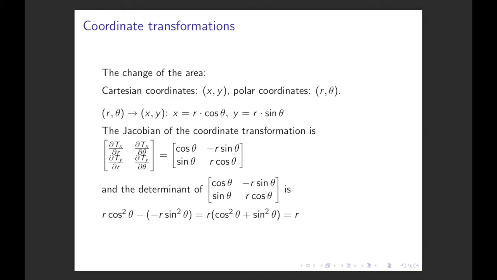If you don't remember how to compute a determinant, go back to linear algebra. For the 2 times 2 matrices, it's the first entry times the fourth entry minus the second entry times the third entry. And that is r times cosine square theta plus sine square theta. And since cosine square plus sine square is 1, thanks to Pythagoras, the determinant is r.